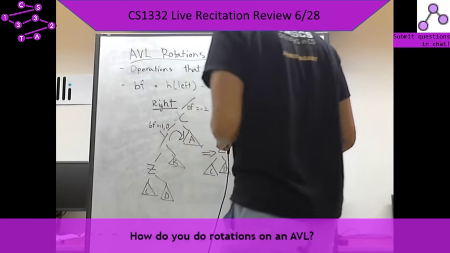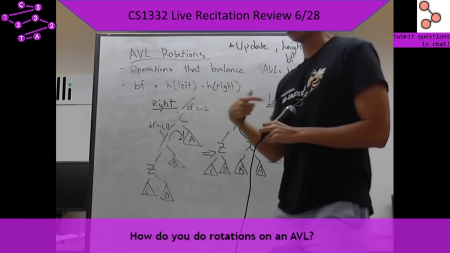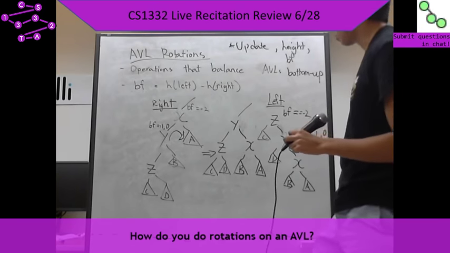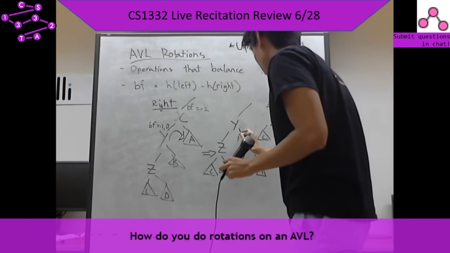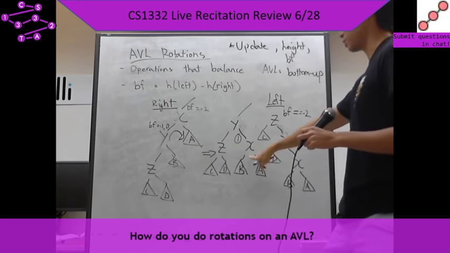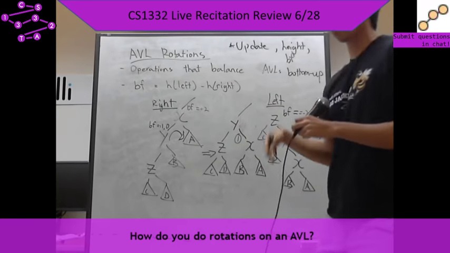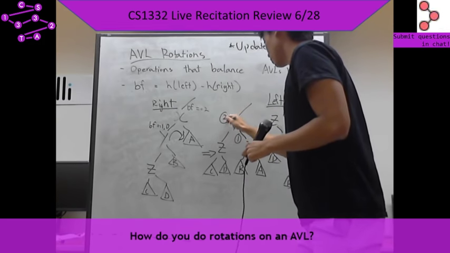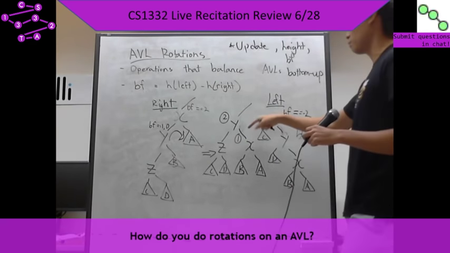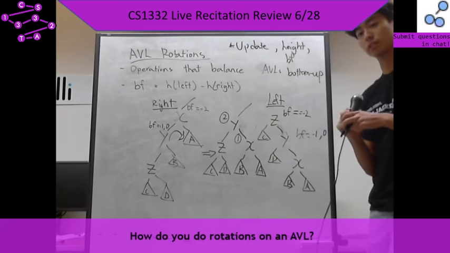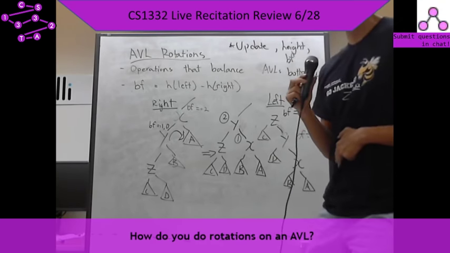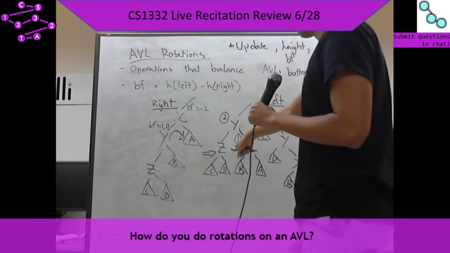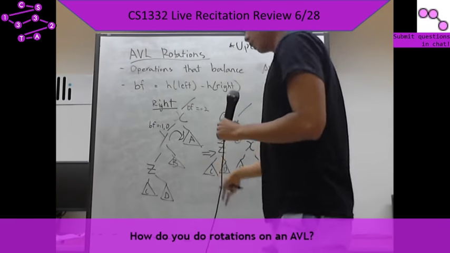What that means is you always want to update the nodes that end up at the bottom first. So in this case, you want to update X first because X is more towards the bottom than Y, and then Y. Because if you update Y first, then X is going to have an invalid height, and you're going to end up with an invalid height for Y as well. And you don't have to update Z because Z's children have not changed.